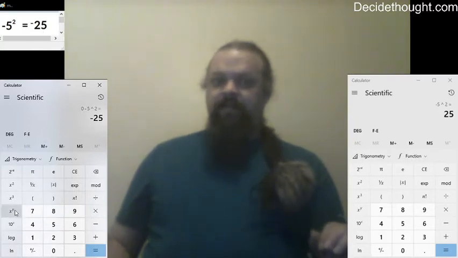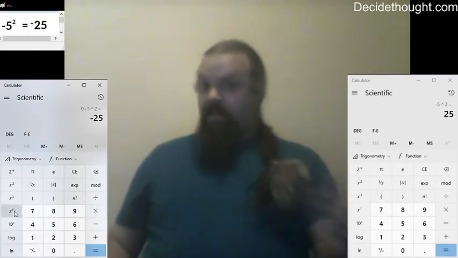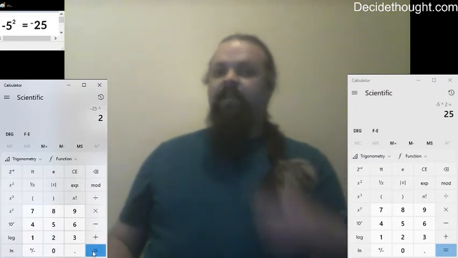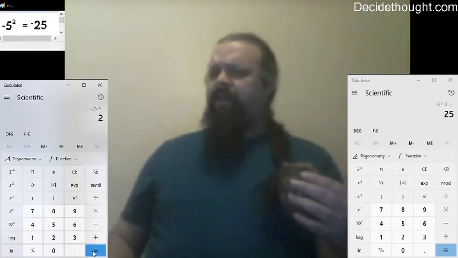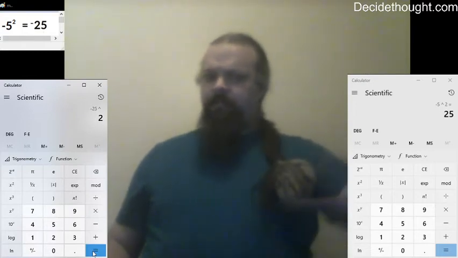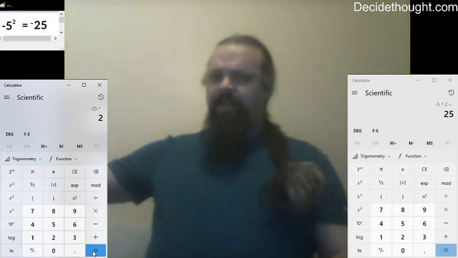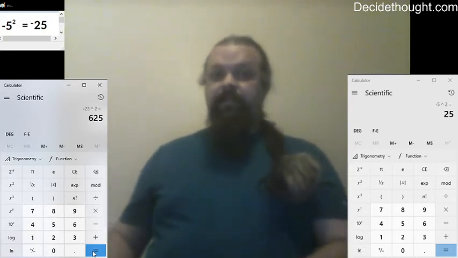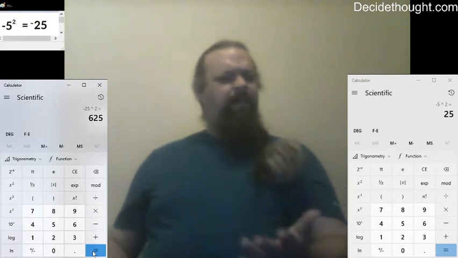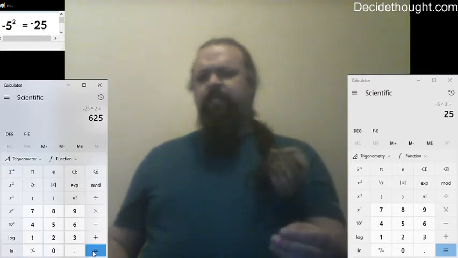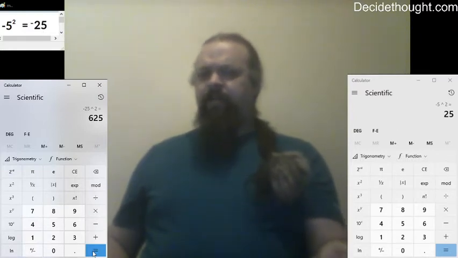Let's go and do this negative 25 and square it. Negative 25 squared. Now, if this comes out negative, then this entire side, what they believe, is obviously correct. It came out positive. How do you go from a negative being squared being negative to that negative being squared becoming positive?